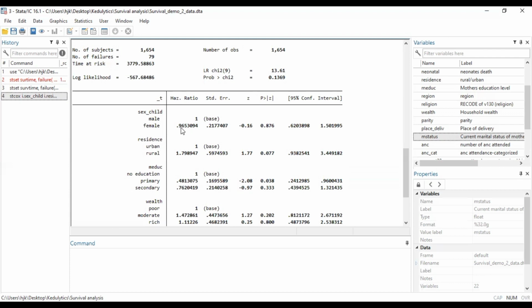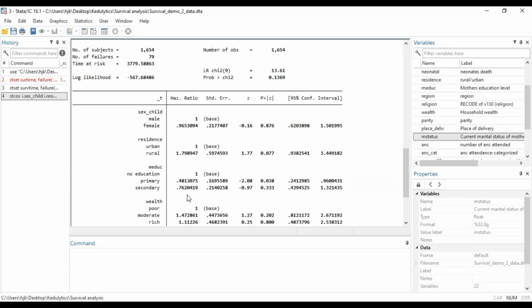When it is greater than 1, it means the rate is higher than the other group. And when it is lower, obviously, it is lower than the reference group. In this case, we see that the hazard ratio is lower among females compared to males, but it is higher among the rural compared to the urban setting.